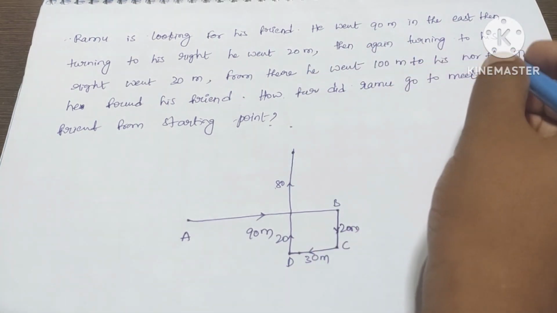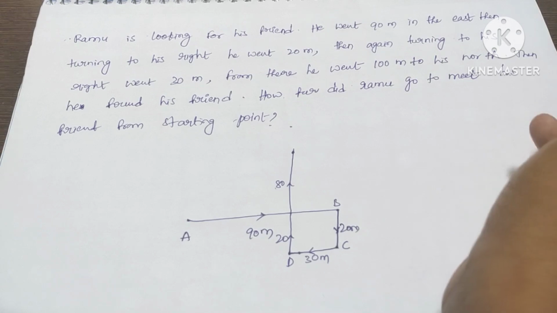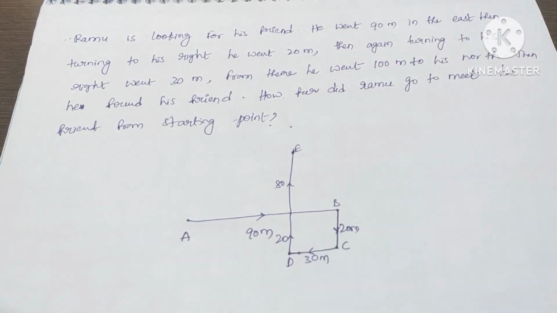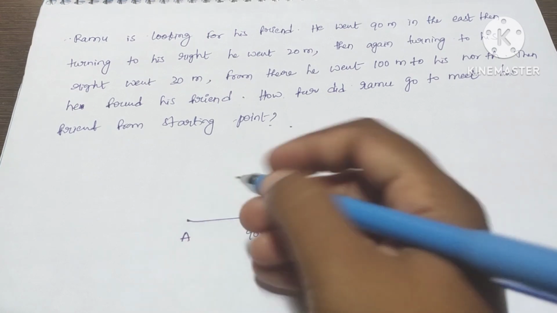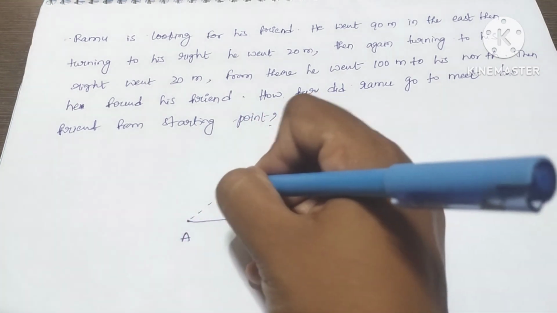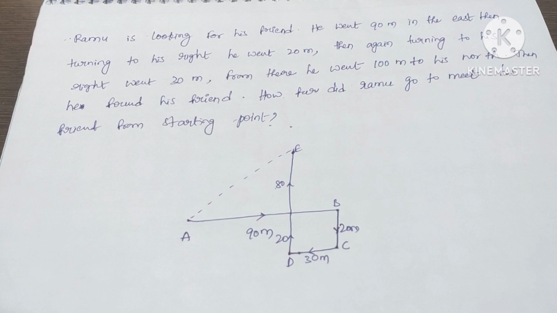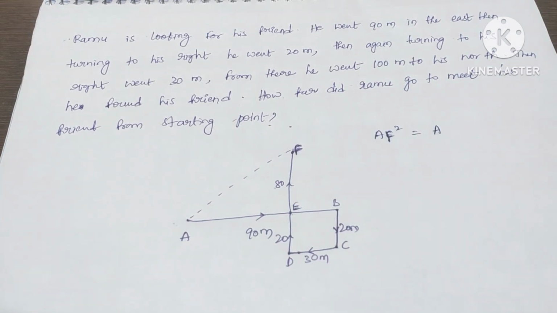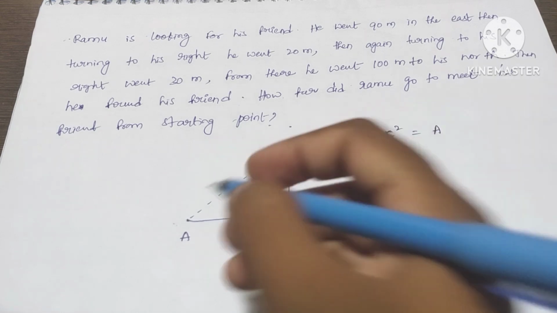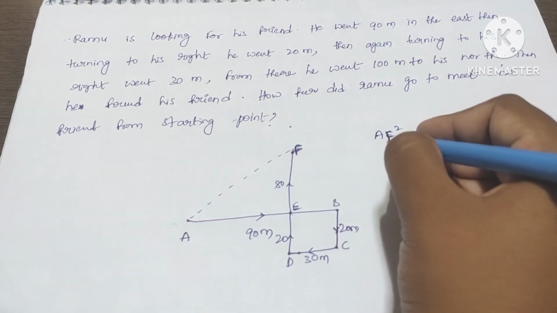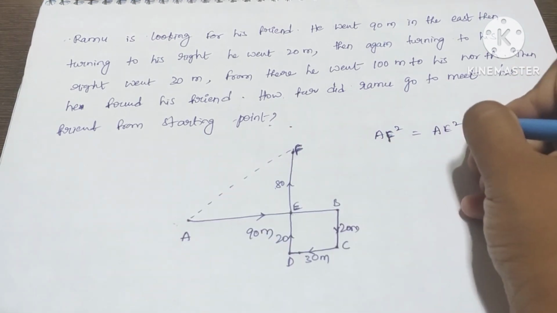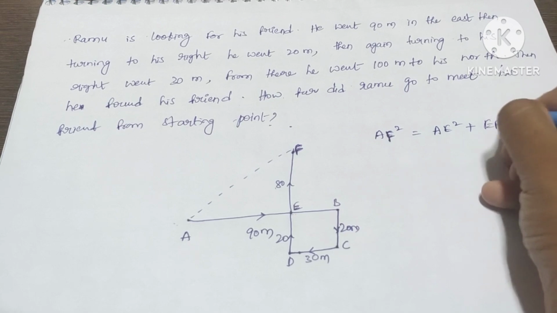Then he found his friend. How far did Ramu go to meet his friend from the starting point? We have to calculate the distance from the starting point. To calculate this distance we have to go with the Pythagoras theorem. What is the Pythagoras theorem formula? AF square is equal to AE square plus EF square.